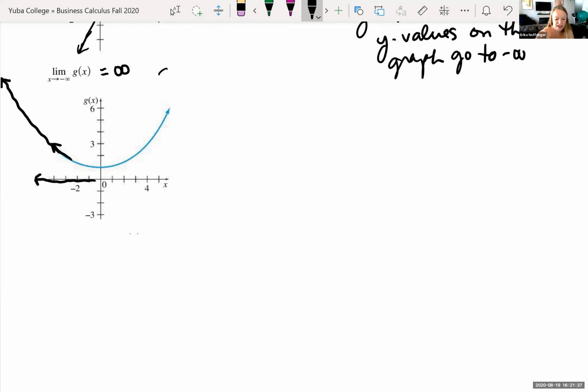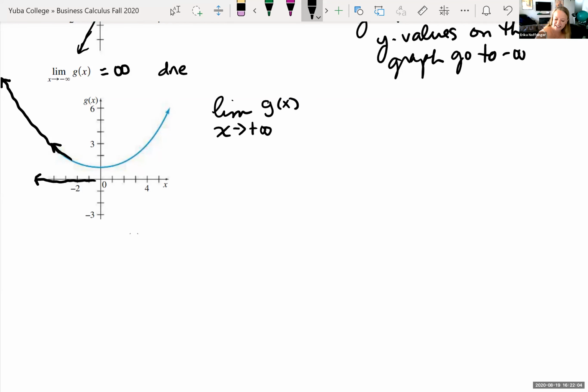And so technically we would say it doesn't exist, but a lot of times we want to know a little bit more about the graph, and saying it's equal to positive infinity tells me what's going on with the end behavior on the left-hand side of the graph. So let's extend this and look at the limit as x approaches positive infinity of g of x.